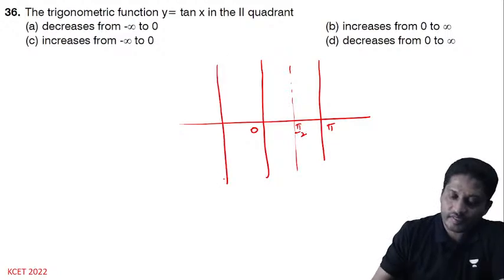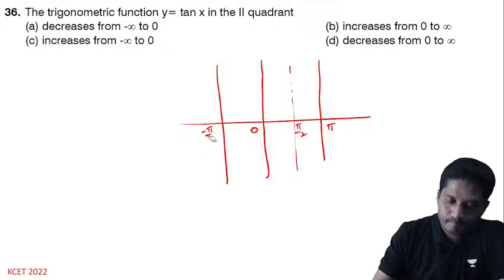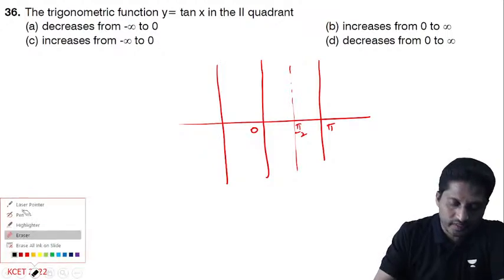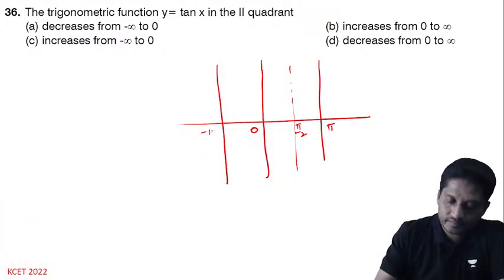Tan 90 is not defined. This is minus pi. Here you get minus pi by 2. Tan 0 is 0. It goes close to pi by 2, but doesn't touch. Here also it goes close to minus pi by 2, doesn't touch.